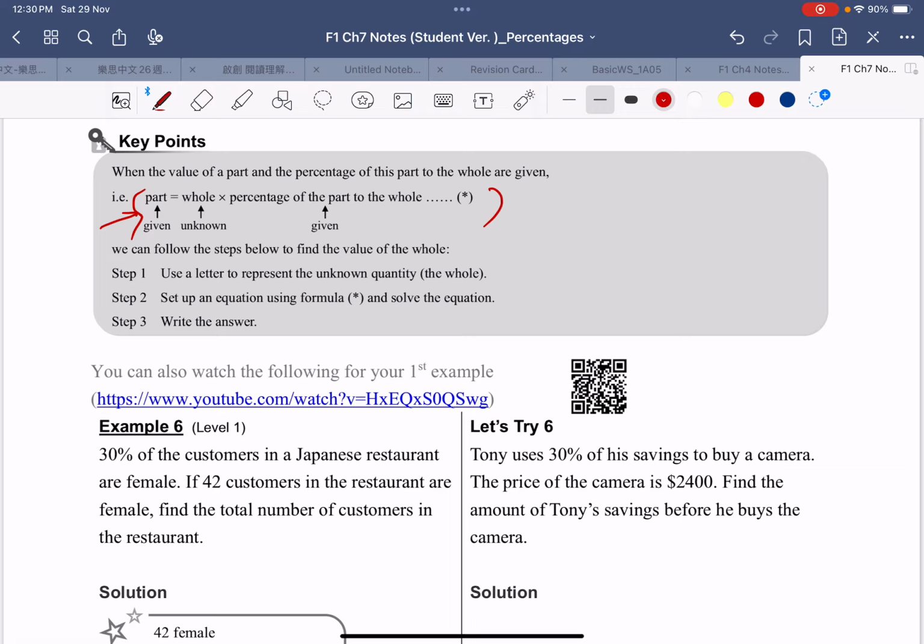First, use a letter to represent the unknown quantity, like what we have done in chapter 4. We let the whole be x. Step 2, set up equations, and step 3, write the answer.